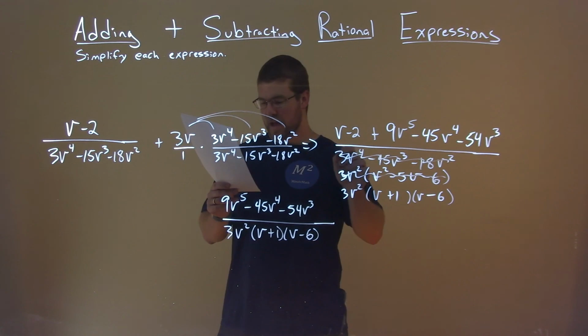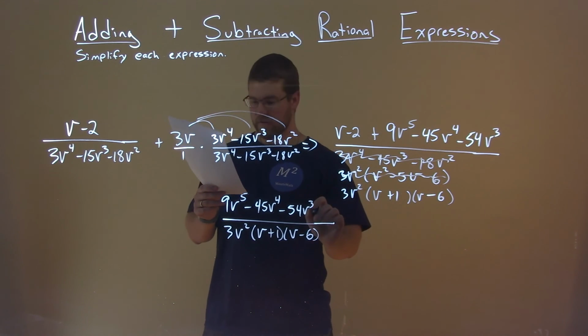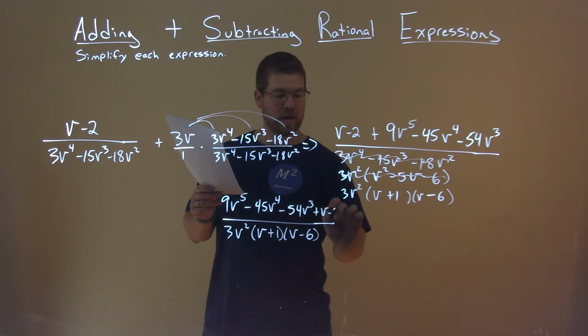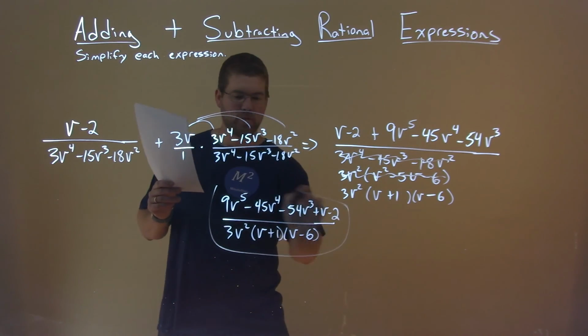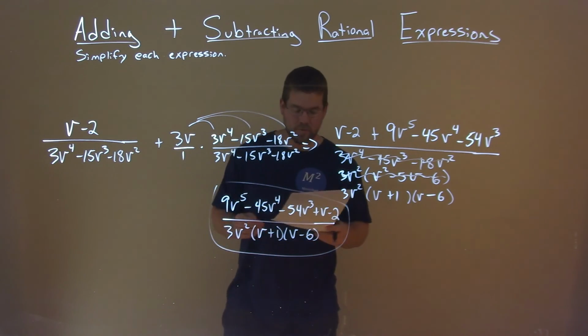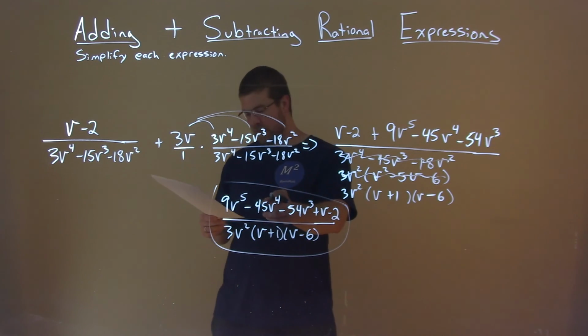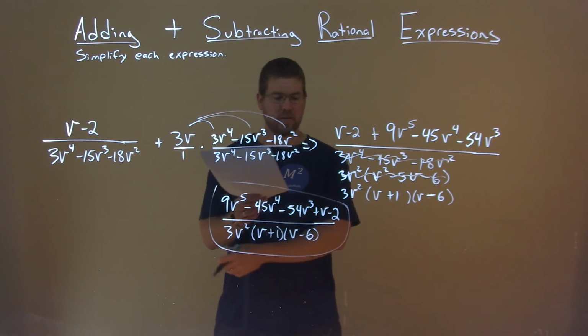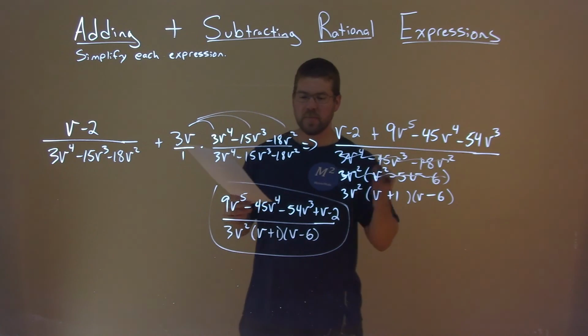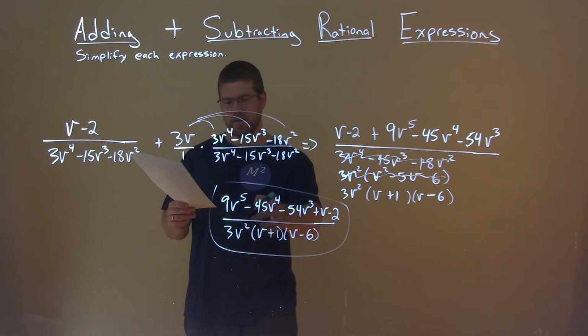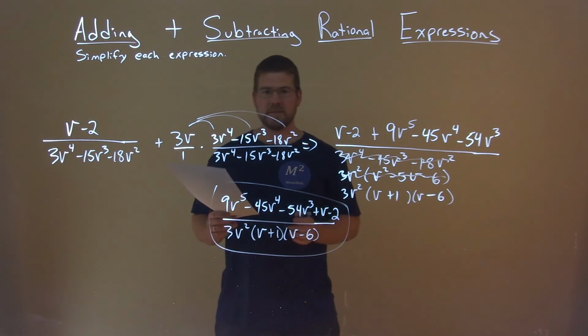Then, lastly, we just have a plus v and a minus 2. So after all of that, this is actually our simplest form, our final answer. 9v to the fifth power minus 45v to the fourth minus 54v to the third plus v minus 2 all over 3v squared times v plus 1 times v minus 6.